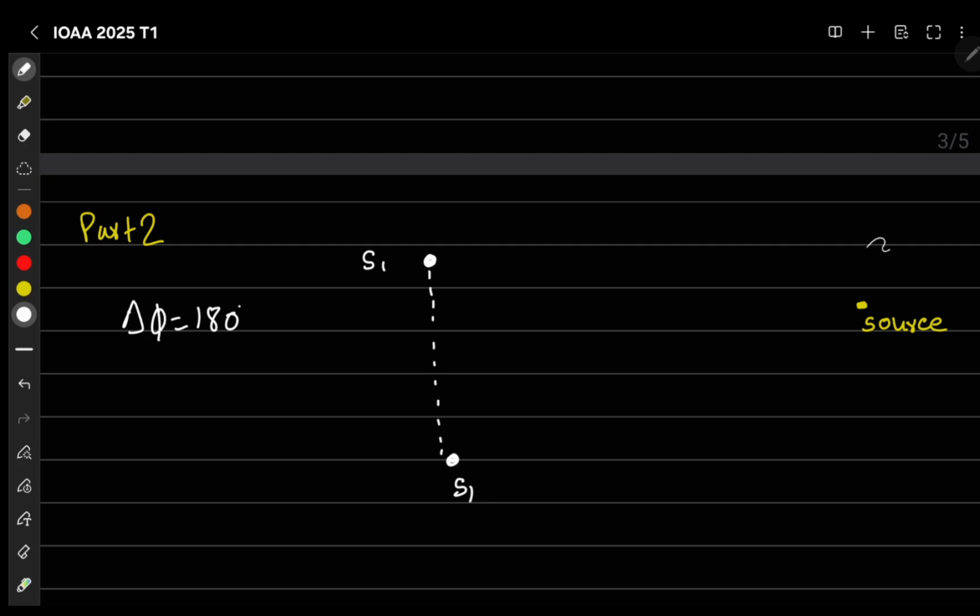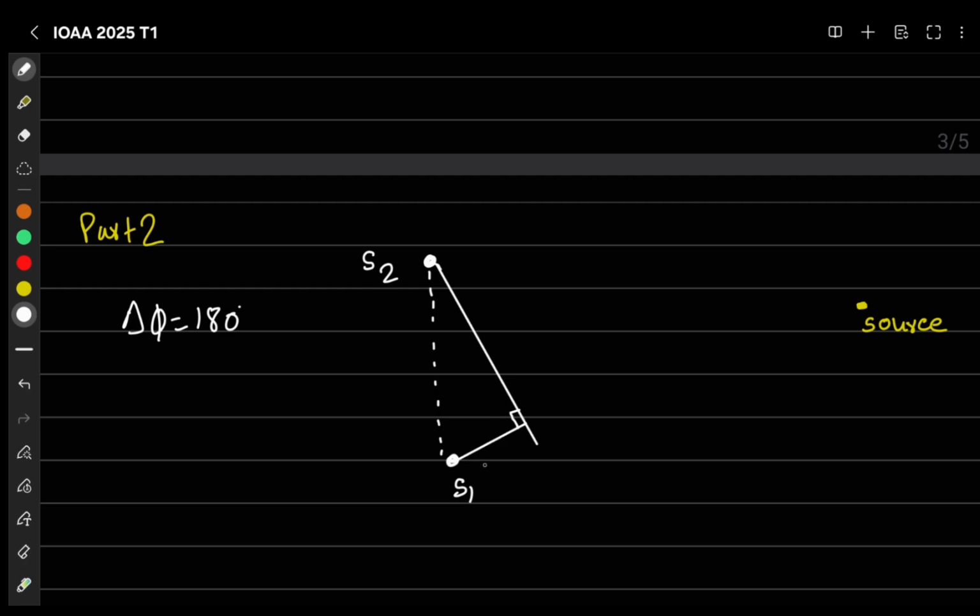Now from a source, S2 and S1 both observe, and if I am observing a light, there exists a path difference. Now this is my path difference. This will be my path difference when you are observing.